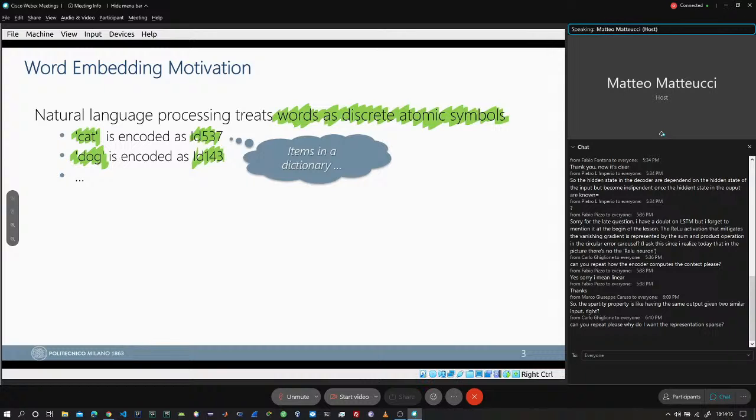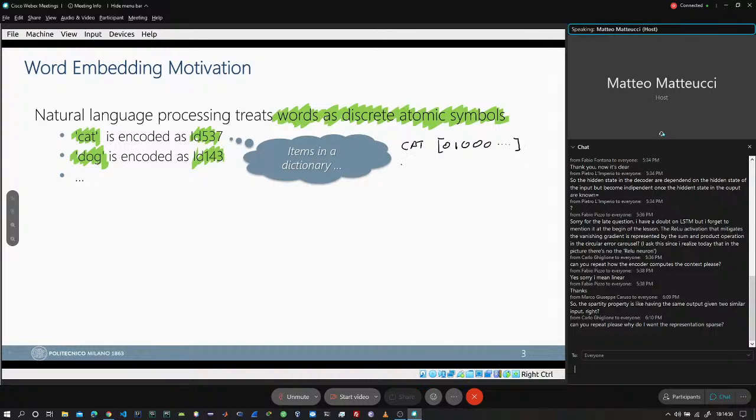Indeed, one of the most used encodings for text is the one-hot encoding form. What does it mean? It means that if you have the word cat, which is the second item in a dictionary, the word cat becomes 0, 1, 0, 0, 0, and so on. This is the word cat in a dictionary.